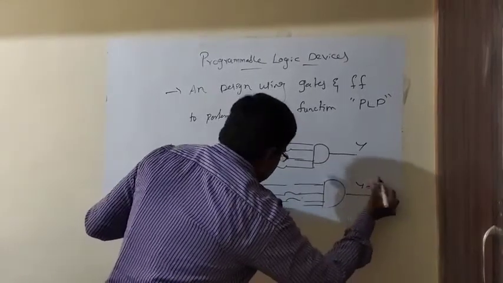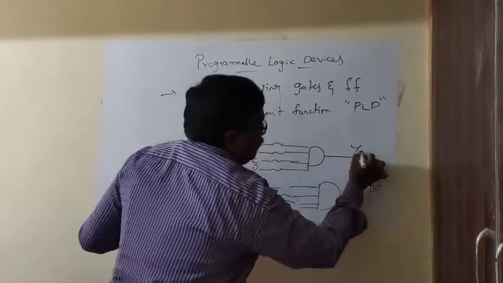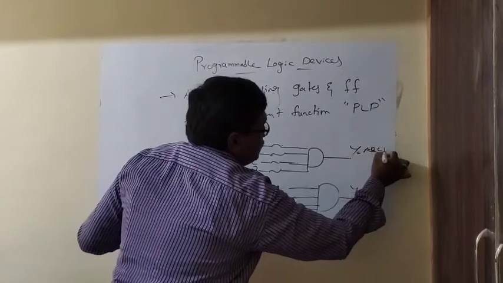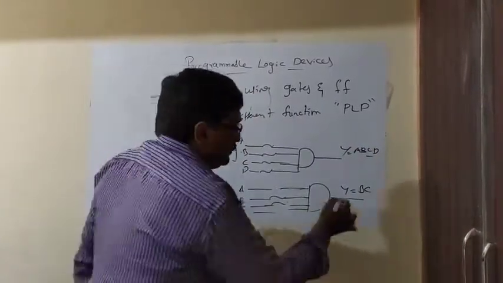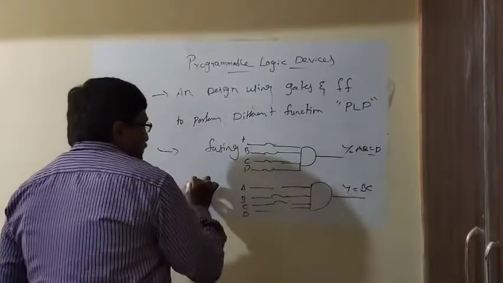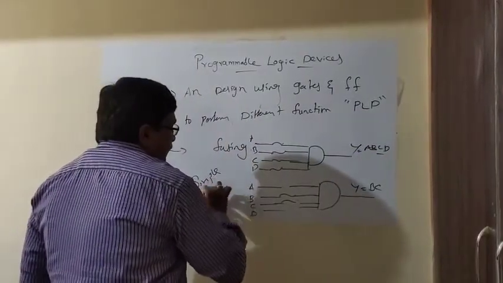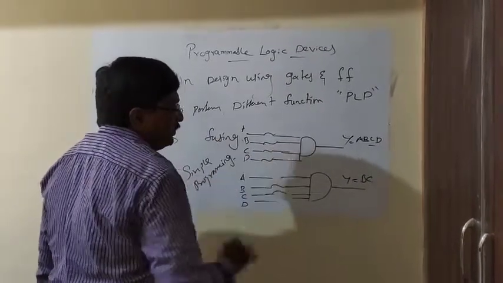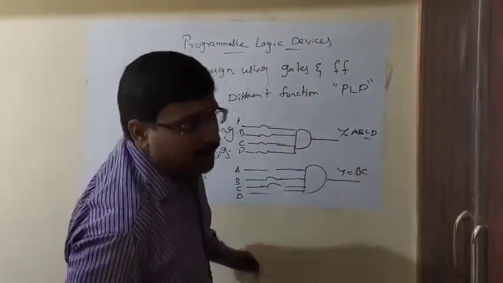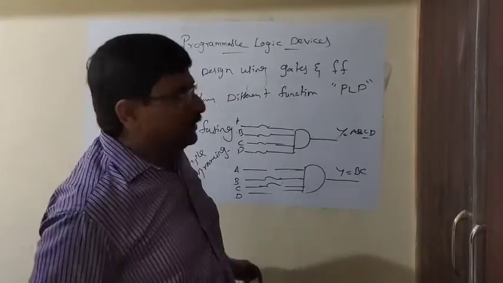Here we are getting the function BC. Initially it is ABCD, and later the output is BC. This is nothing but fusing, which is why it is a simple programming method for PLDs.